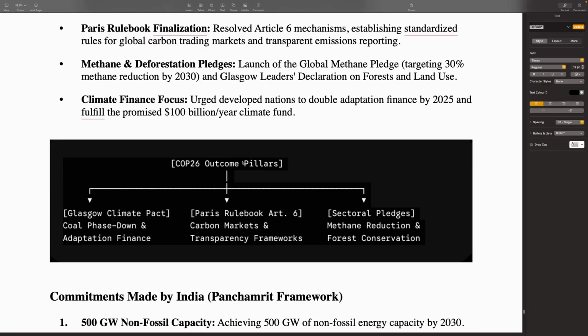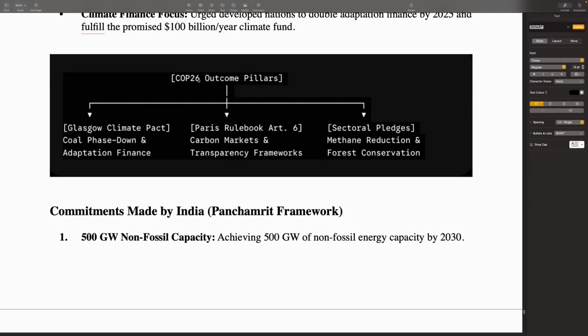Forget about $100 billion. So COP26 outcome pillars: Glasgow Climate Pact, Paris Rulebook Article 6, sectoral pledges.